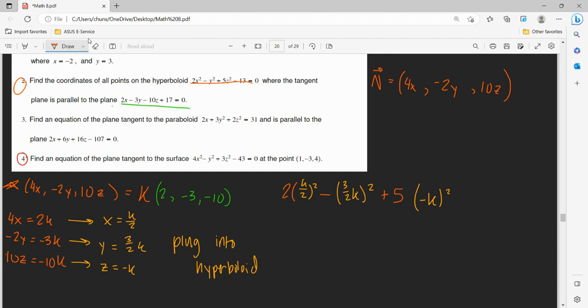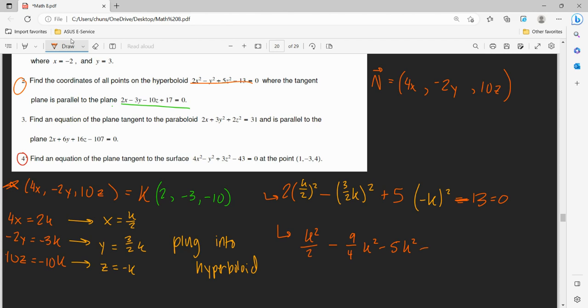We're going to solve for k using this. So now we only have one term that we need to solve for. So 2k squared over 4 is k squared over 2, and this is 9 over 4 k squared, minus 5k squared.